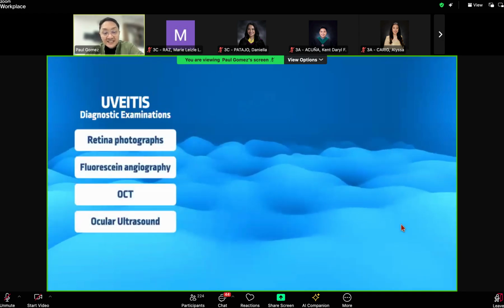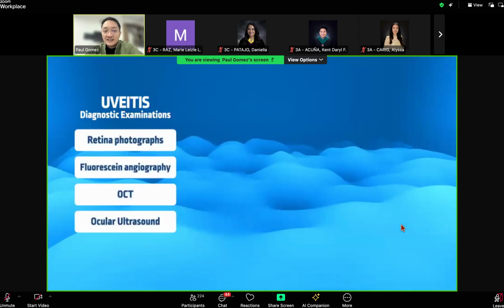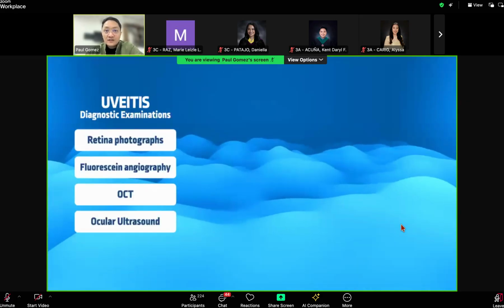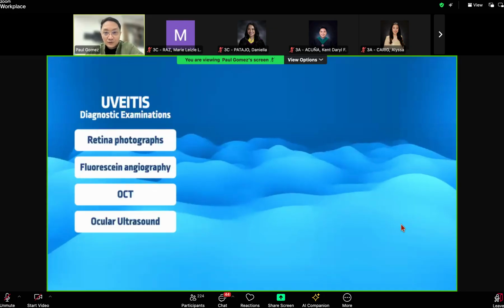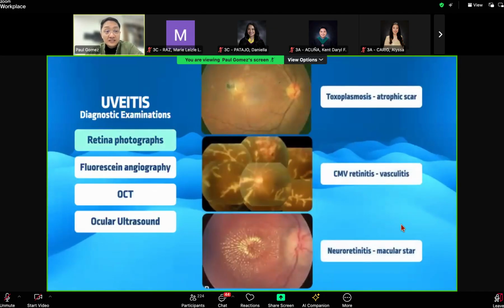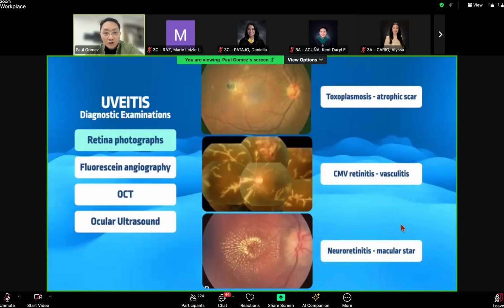Several ancillary eye tests may also be ordered for uveitis: retina photographs, FA or fluorescein angiography, OCT, or ocular ultrasound. Fundus photographs or retina photographs may help the clinician look at the possible etiology, especially based on the appearance.